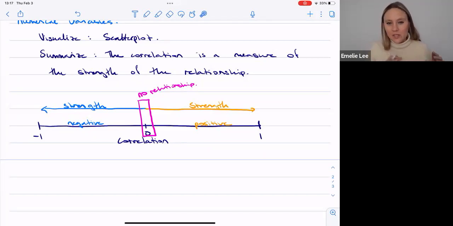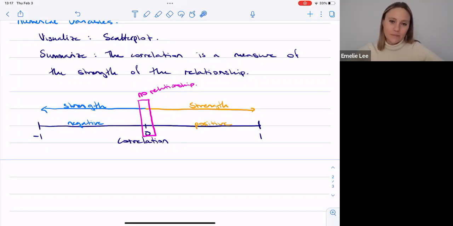I'm going to ask you to be a little bit more specific now. So we're going to talk about moderately strong, moderately weak, right? But that's also just subjective. What do you see? Do you think that 0.4 is strong or weak? I don't want to give you any guidelines, but I want you to introduce some of that more colorful language, if that makes sense.